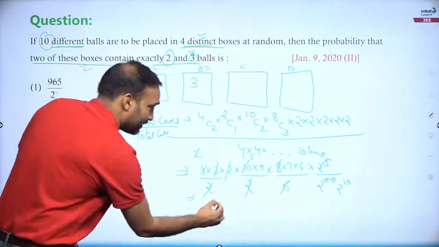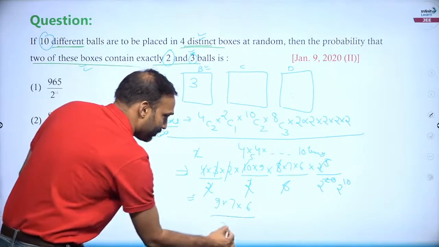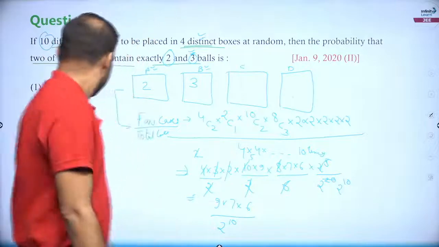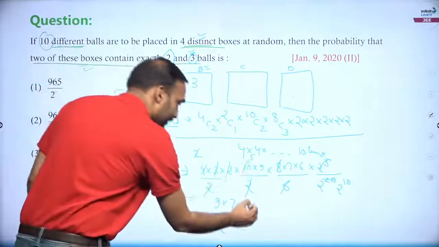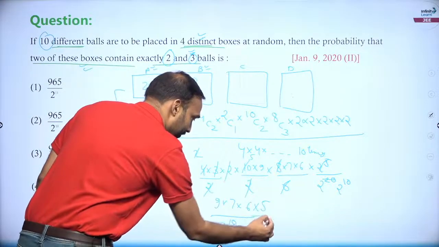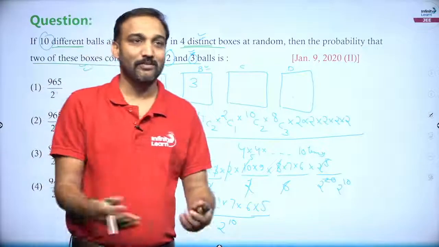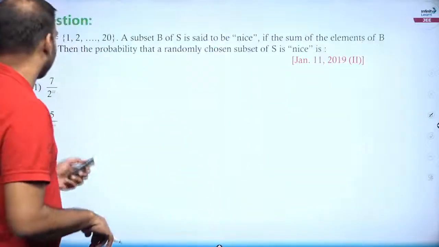So this is your answer, 9 into 7 into 6 upon 2 raised to power 10. Right guys? So now 5 is also there. So 9 into 7 into 6 into 5 upon 2 raised to power 10. You can simplify this, whatever it will be your answer. Let us move on to the next example.